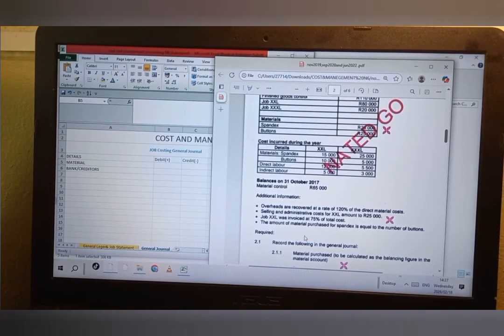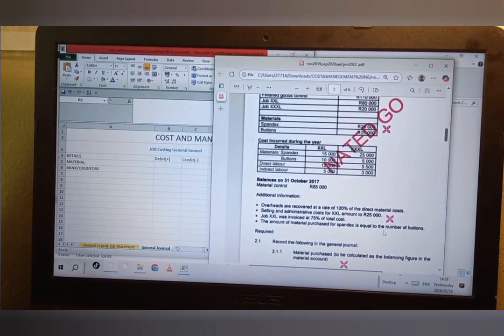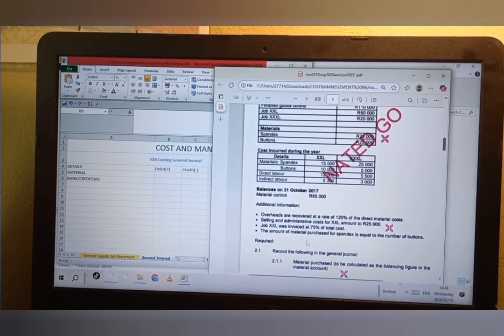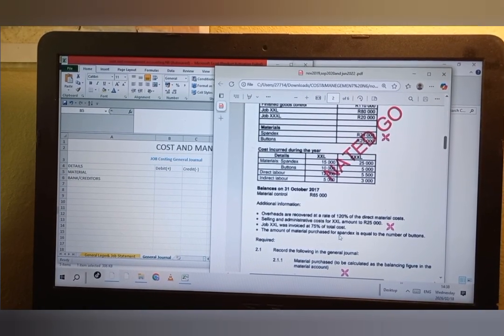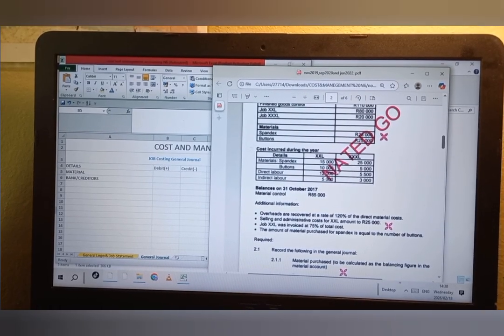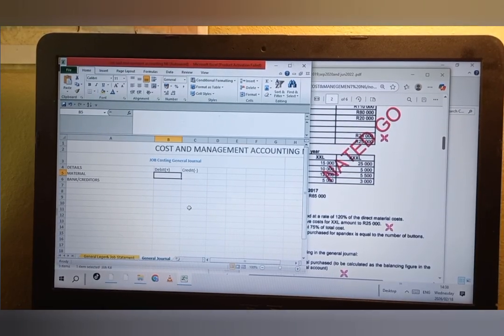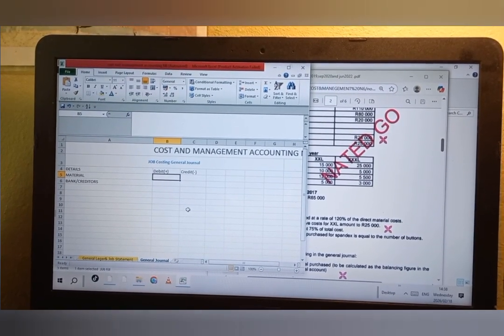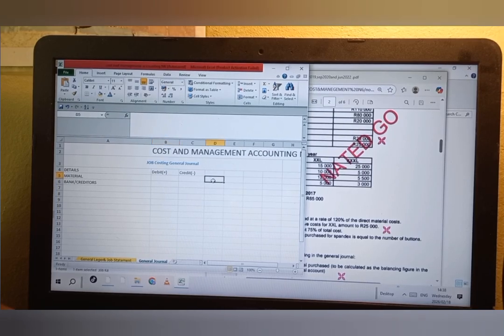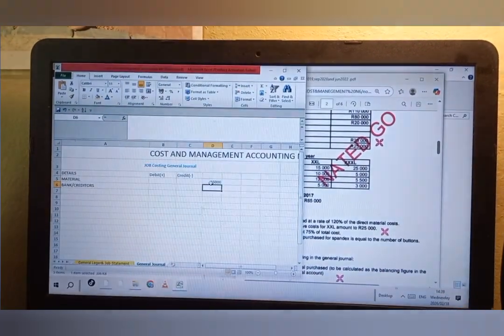The amount of material purchased for spandex is equal to the number of buttons. So guys, this means that during the month, we increased the material by only buying spandex, which is equal to the number of buttons, meaning 10,000 and also 5,000 is 15,000. That is equal to the amount of material purchased in addition. So it's 15,000. I'll just write it here just in case.